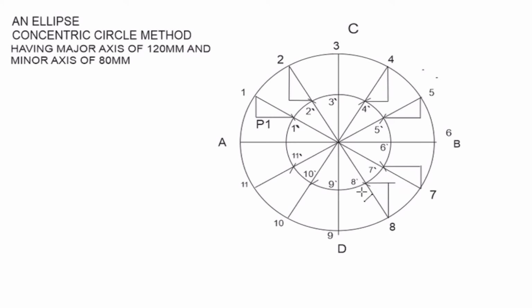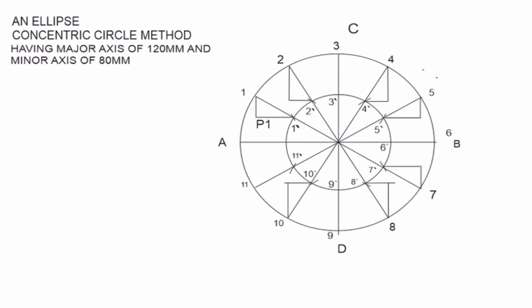Make sure it's 90 degrees. On 9 we are not to draw anything, but from point 10, the same thing: a horizontal line and a vertical, perpendicular line to intersect that.